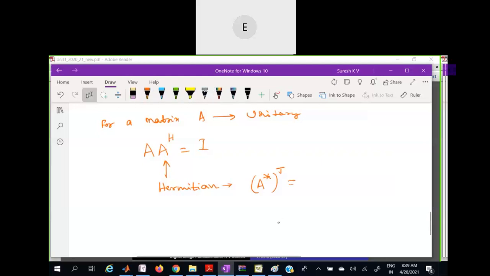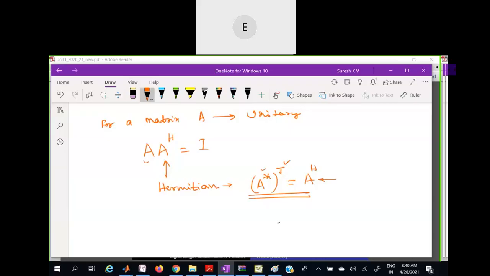I think I'm using a different notation, so let me just follow this one, Hermitian. I should take the complex conjugate of the matrix, then I should transpose it. The matrix that I get is called the Hermitian of matrix A.